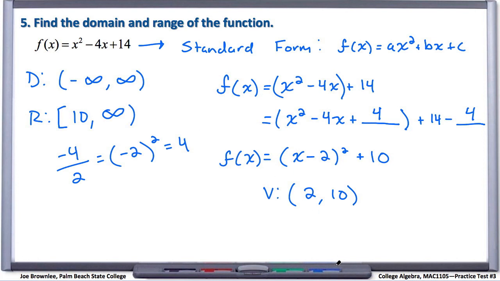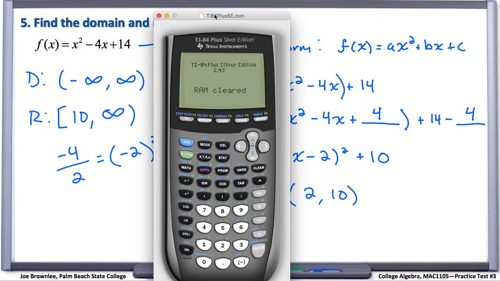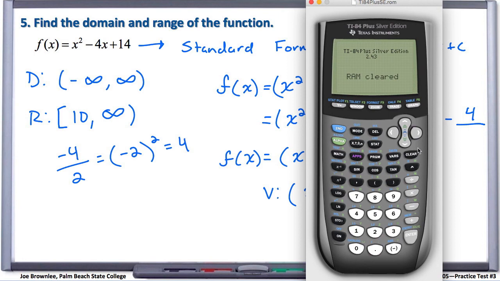I didn't pull up the calculator in advance, but we'll quickly pull it up here so that we can confirm what we're saying. If you have your graphing calculator, go ahead and take it out. In our y equals screen, we'll put in this equation: x squared minus 4x plus 14.